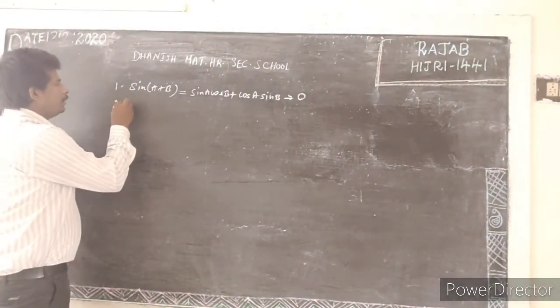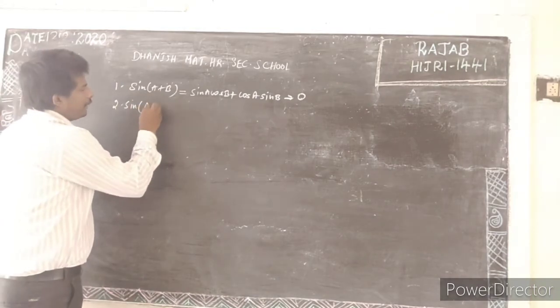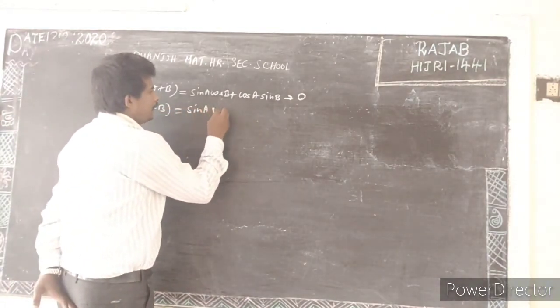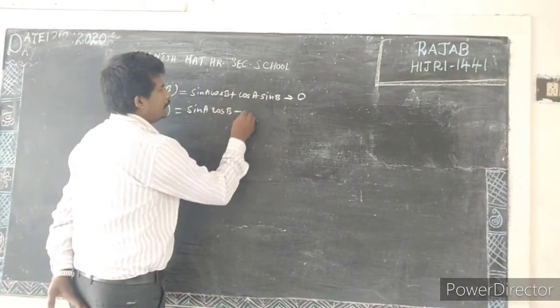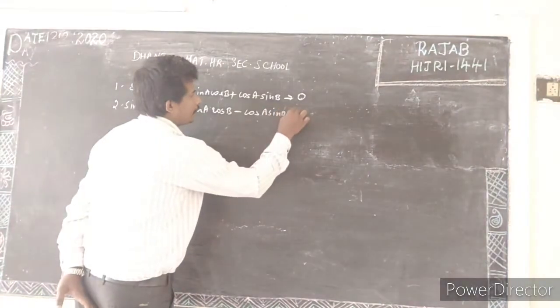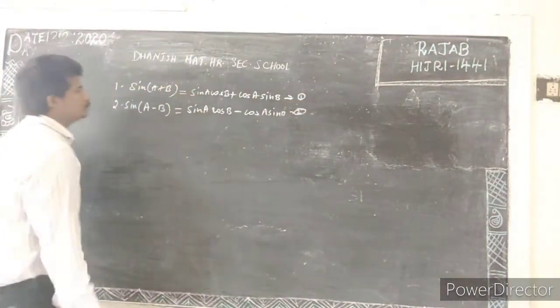Then second one, sine of A minus B equal to sin A cos B minus cos A sin B. We can consider this as equation number 2.